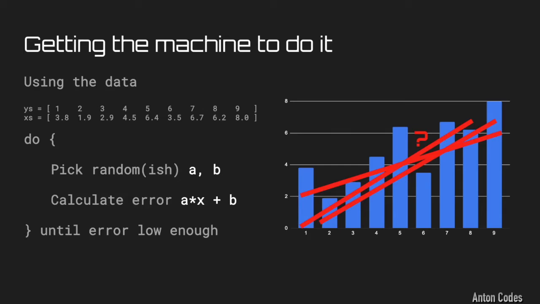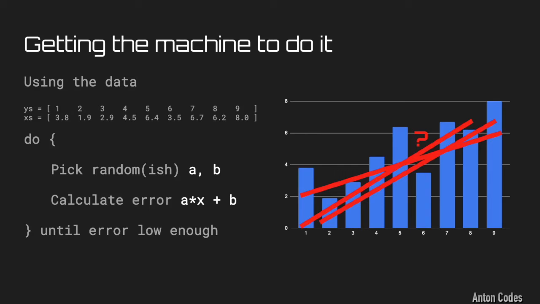Well, one way we could do that, instead of just telling Sheets or Excel to do it, is that using that data, those y's and x's, we could pick a random-ish a and b.